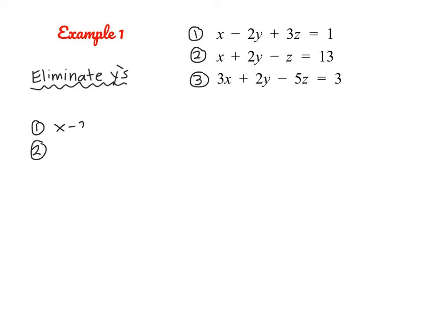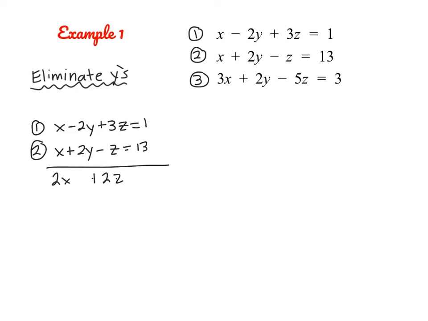So we can rewrite them here. Okay, and then if we add vertically, that gives us 2x plus 2z equals 14. And then I'm going to call this equation 4.